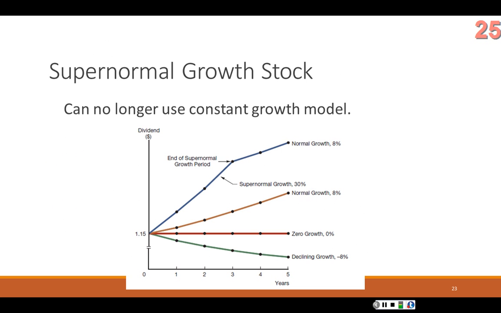So it's normal to see companies with a very high growth rate in their early years slow down in the future. So then you would expect growth rates to change. Growth rates may also decline. So a company is declining over time. It can have a negative growth rate.